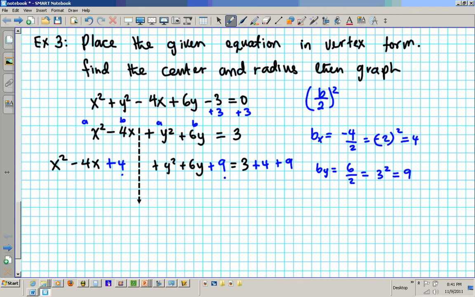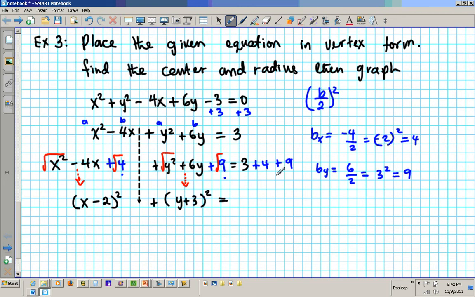Alright, now I'm going to apply that factoring trick we've done before, which is to factor a perfect square trinomial. You read the first and the last and bring down the middle sign. Do it on both sides. So the factored form of the x world is going to be x minus 2 quantity squared, and then the y world, y plus 3 quantity squared.